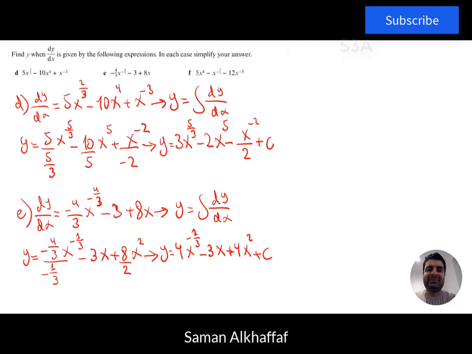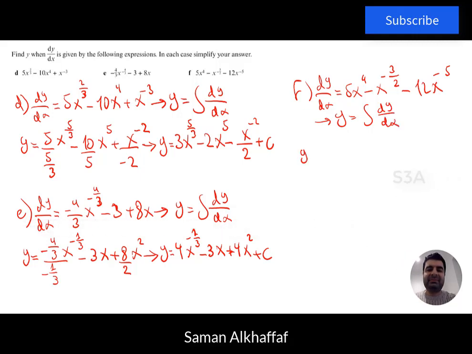For part F, we have the dy over dx equal 5x to the power of 4 minus x to the power of minus 3 over 2 minus 12x to the power of minus 5. So to find y, that means y will equal the integration of dy over dx.